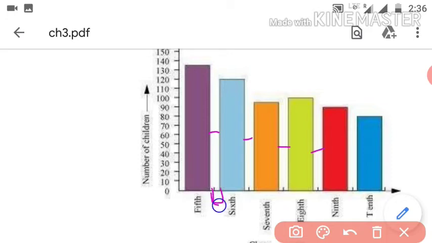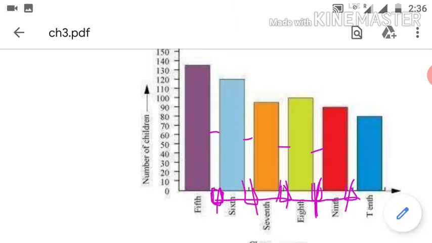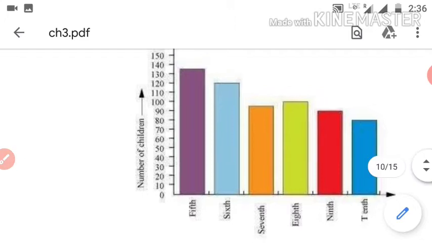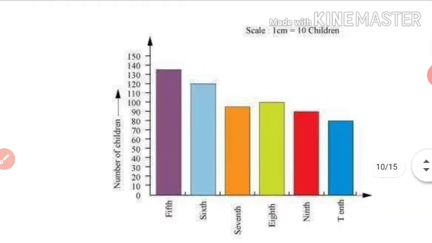If you are keeping one square here, one square in your graph, then in every graph you have to keep the same distance. All this distance should be equal. If you make some distances big, some small, then that will be wrong. So for class 5, 135.